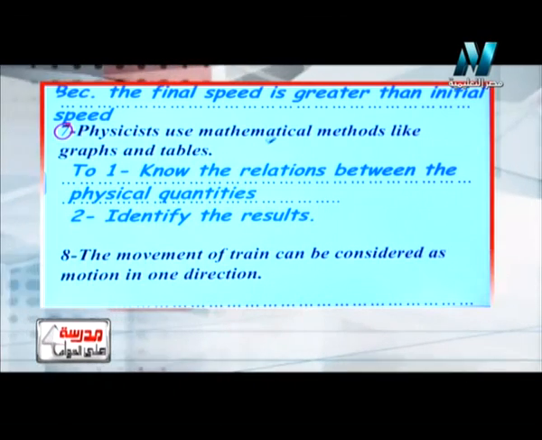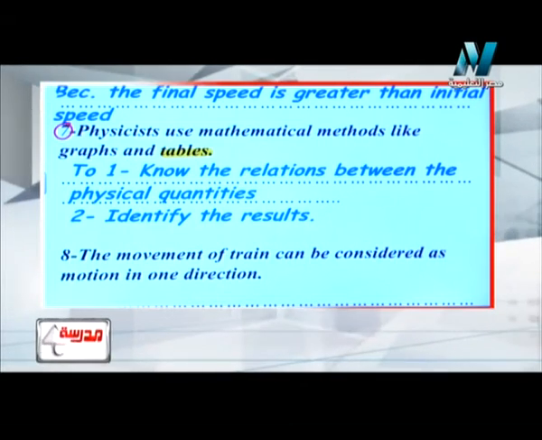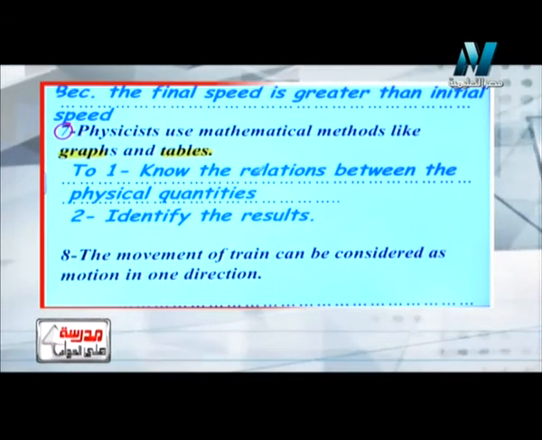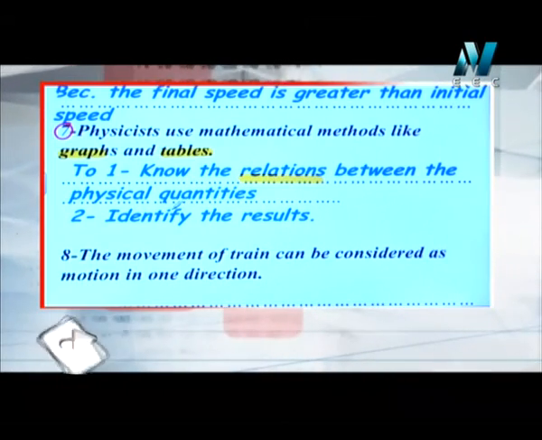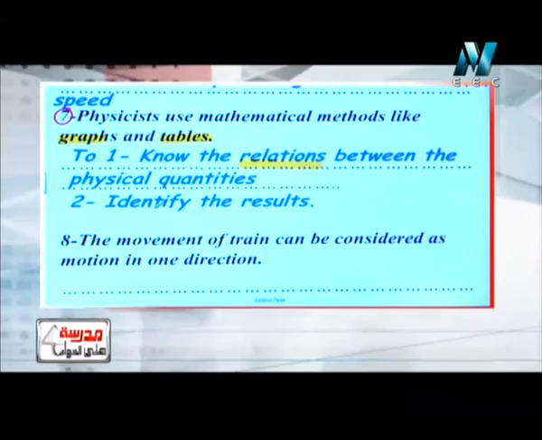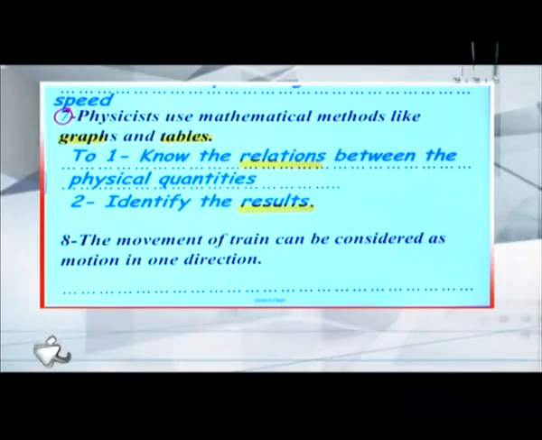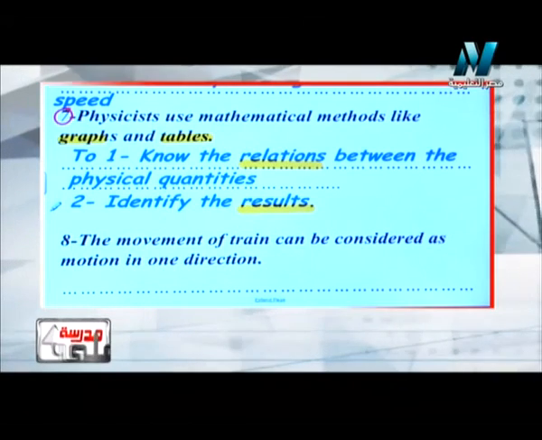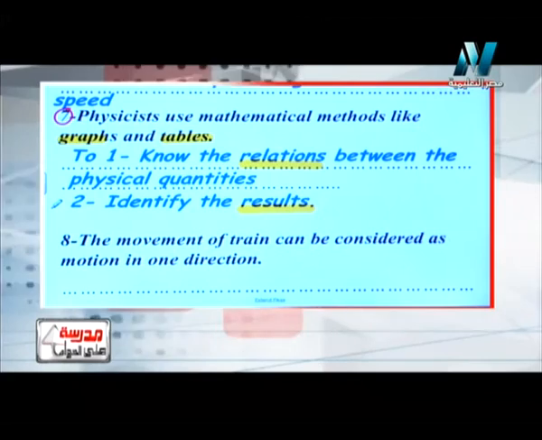So from the tables and graphs we can identify the relation between the physical quantities, and at the same time we can know the results, as uniform or non-uniform, by graph. صح؟ طيب.